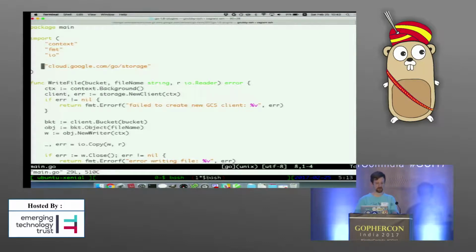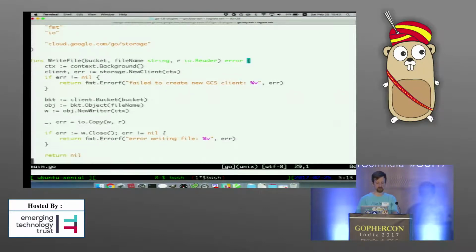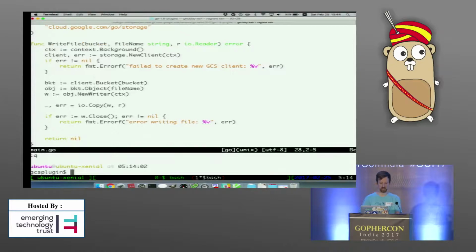Very similarly to writing locally, I'm going to create a new client for Google Cloud Storage, set the bucket and the file name, create a writer, and then just call io.Copy, much like I did locally. So this is going to actually copy our file to cloud storage as a backend.